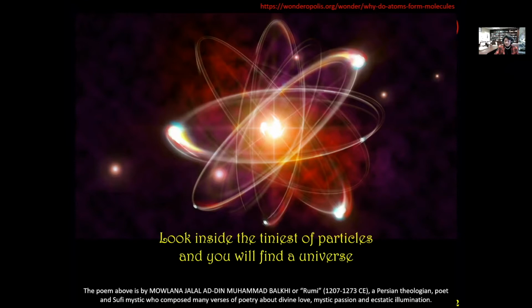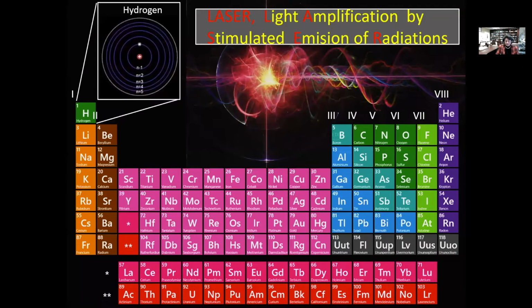I would like to start my talk with a poem from an Iranian poet who said: look inside the teeniest particle, you will find a universe inside. So if I start with the periodic table and look inside the atom of hydrogen, we have one electron and one proton.